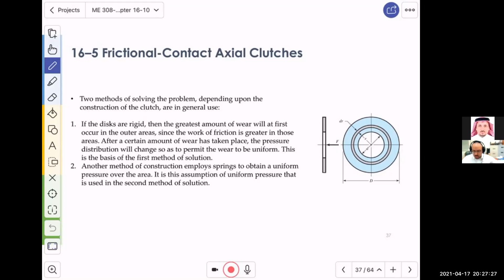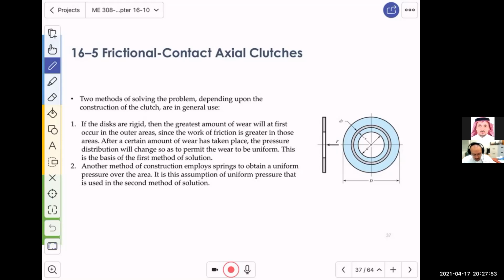This is the basis of the first method. So in the first method, we have a uniform wear problem, in which the pressure has to change in order to maintain that uniformity of the wear.